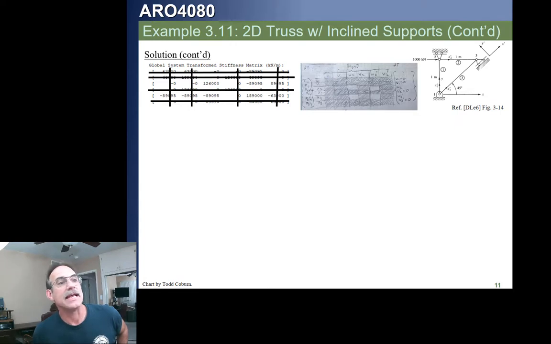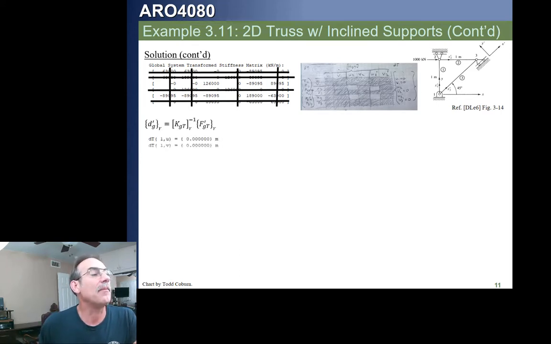So we're going to take our forces that are applied. We see here, we have what? 1,000 kilonewtons in the x direction at node 2, and we have no other forces on the structure. We now can go and solve this with those forces to calculate the two displacements we don't know, the x direction at node 2 and the x prime direction at node 3.